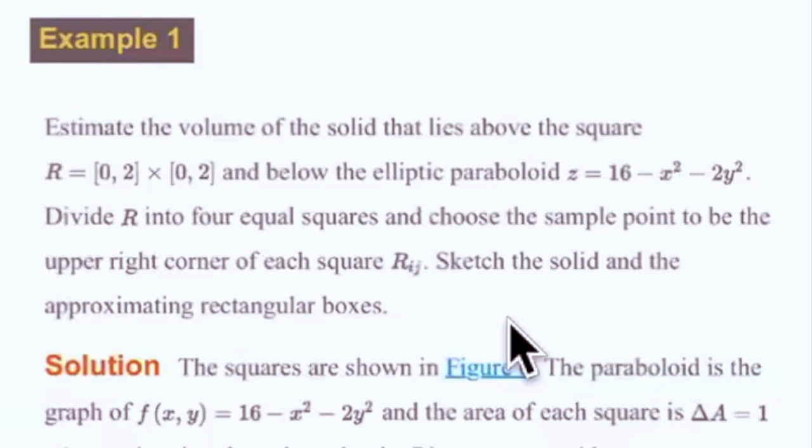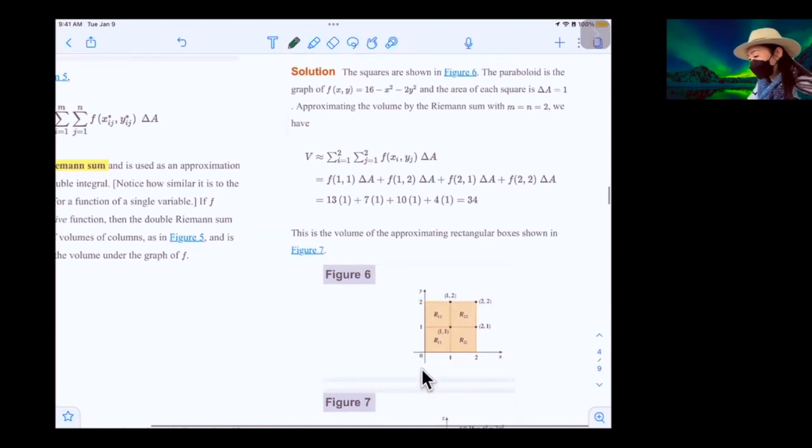We're going to divide the region R into 4 equal squares and choose the sample point to be the upper right corner of each square. Sketch the solid and the approximating rectangular boxes. Let's take a look. The rectangular region has x going from 0 to 2, and y going from 0 to 2.